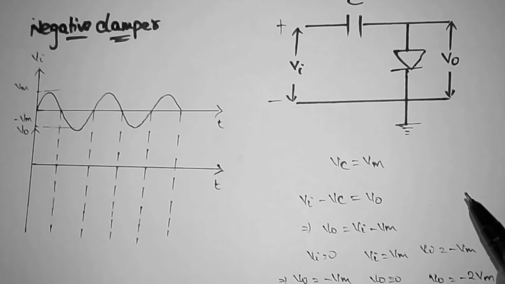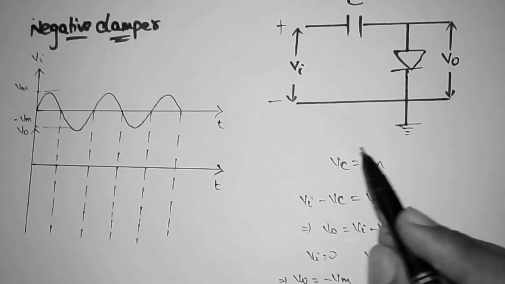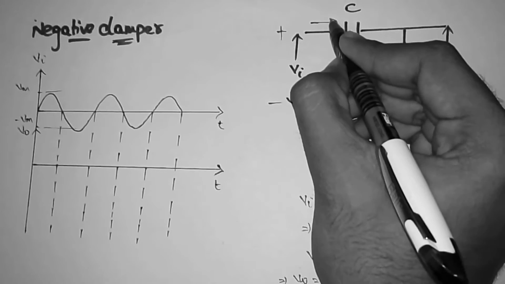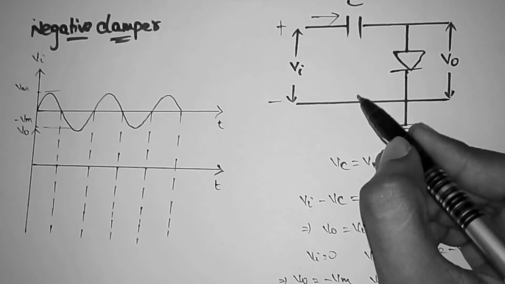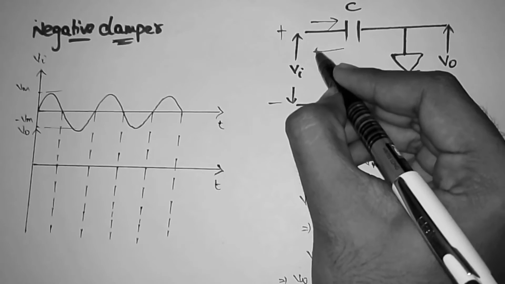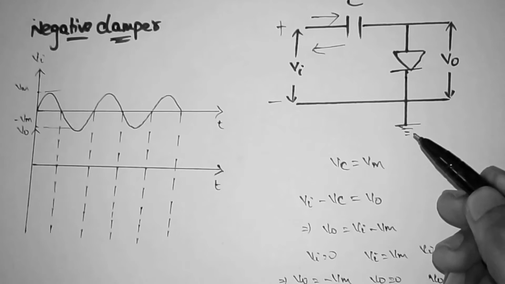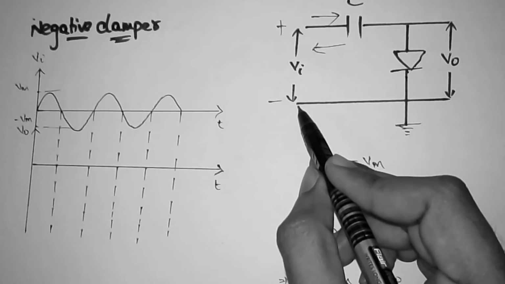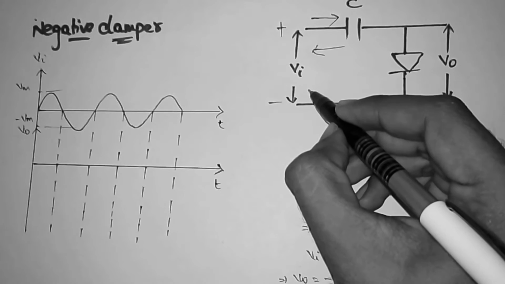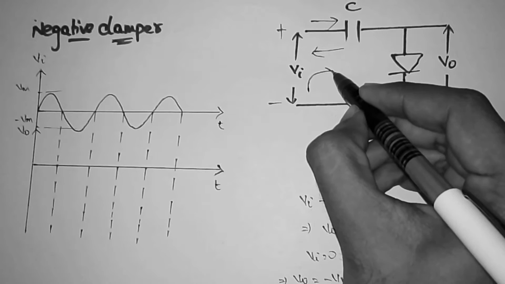This can be explained in the circuit. See, the capacitor charges during the positive half cycle. It means from positive to negative. Then obviously the capacitor would discharge in the reverse direction. So when the applied input voltage is the positive half cycle, then the current would flow in this direction.